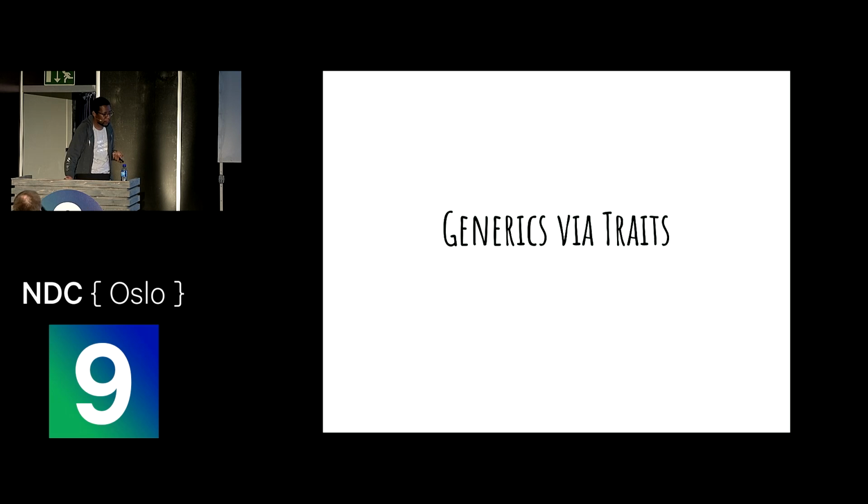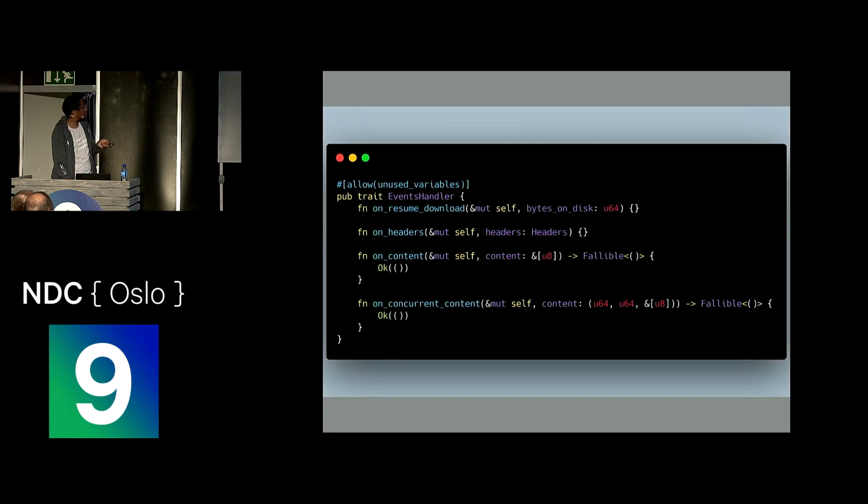Then there's also really good support for generics, so using traits. Traits in Rust are simply a way for you to define behavior, and it's independent of a type. So in this case, we are saying that any type that implements this behavior should have these methods. And you can even define what is called a default implementation.